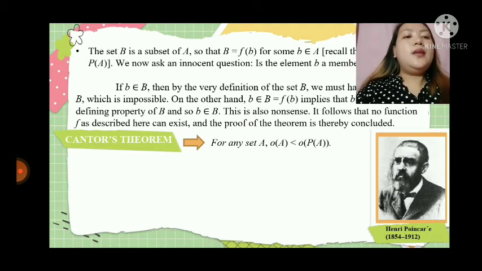For any set A, A is less than its power set.